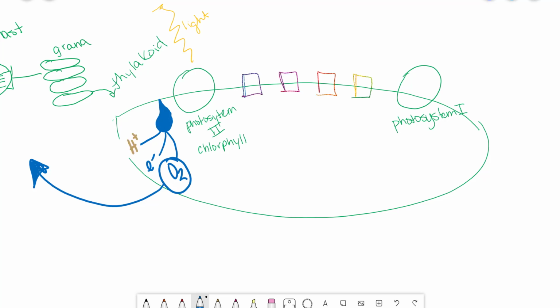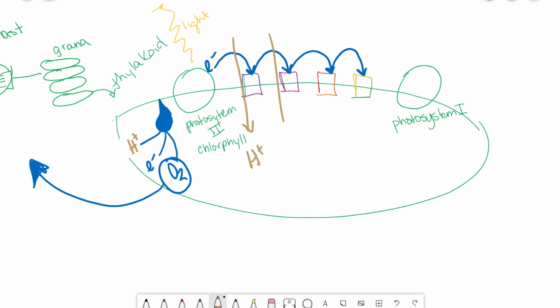Now, the electrons that we got from splitting water are very excited by the light, and they go bouncing down this protein chain, just like the electron transport chain in cellular respiration. When they do that, just like in the cellular respiration electron transport chain, the hydrogen ions come in.